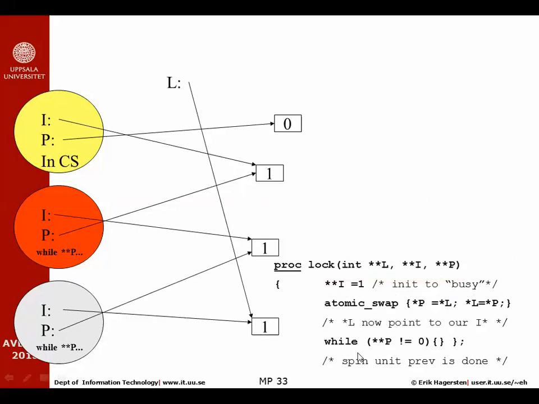And of course, the gray thread also wants to get in there, performs the same operations, and now the gray thread is spinning on one memory location, waiting to see a 0. The red thread is spinning on a different memory location, waiting to see the 0. And the yellow thread is not spinning, it's happy in the critical section.